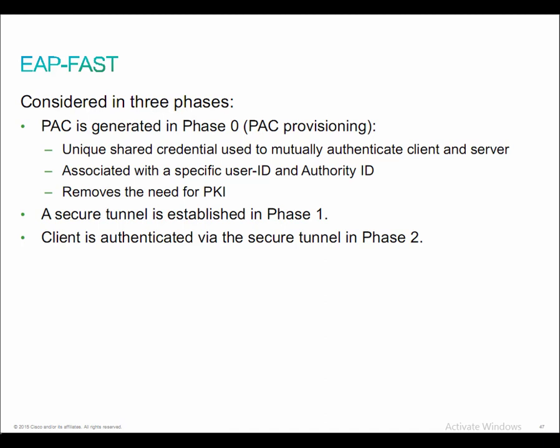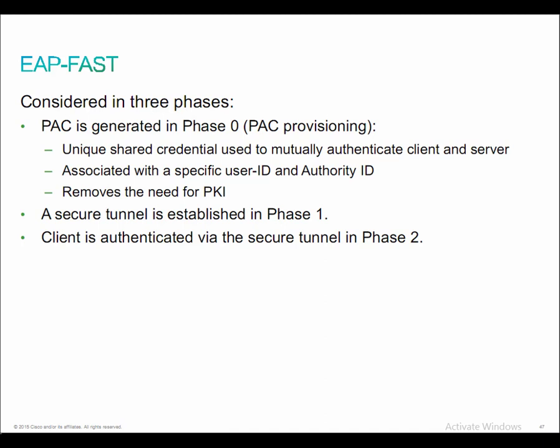To make this happen, the same AAA server where authentication occurs is the server that generates the client credentials. And those client credentials are called PACs. That stands for Protected Access Credential.